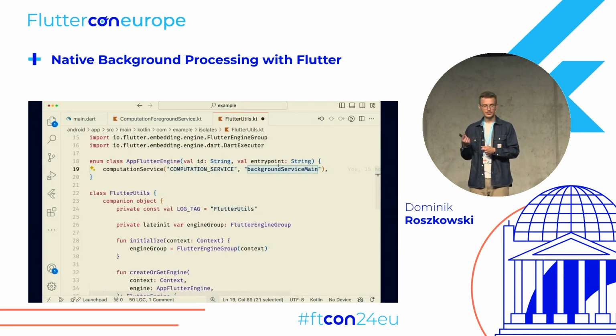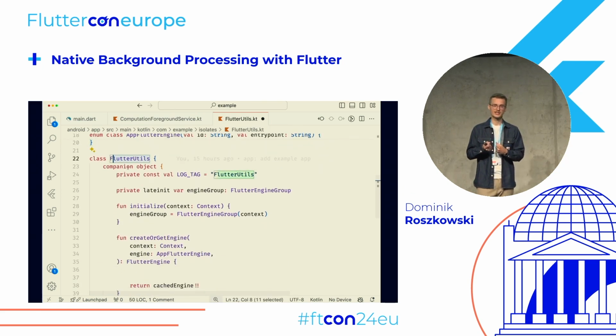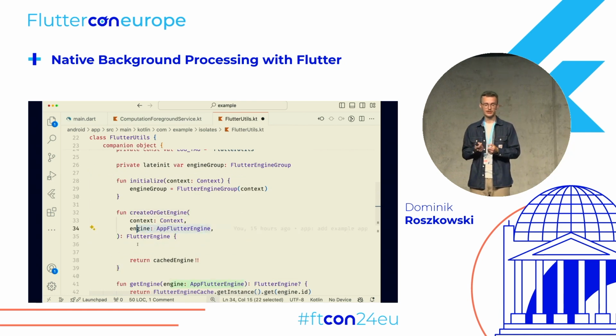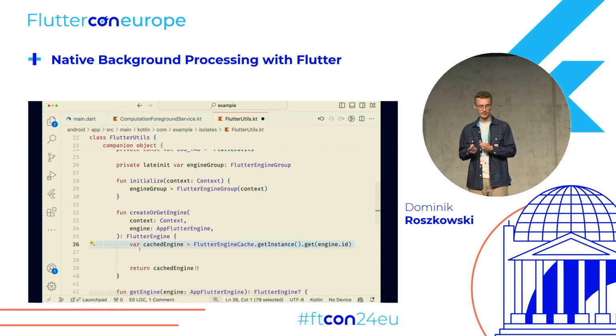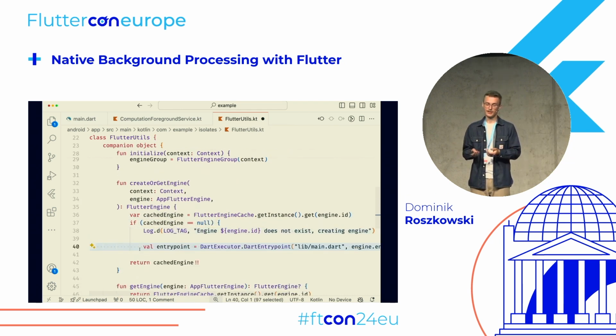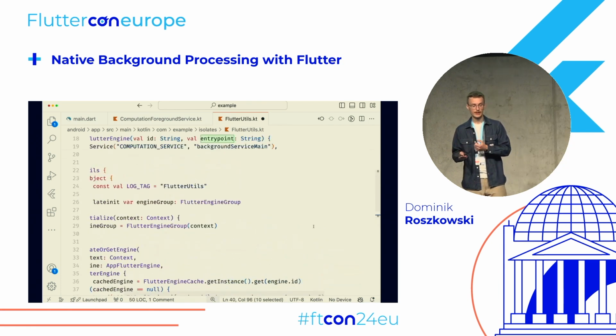The FlutterUtils class is taken from the sample that I mentioned. Essentially, it's a class hosting a couple of static methods, maintaining the Flutter engines for your application, because you can have multiple Flutter engines, for instance, in the case of adding Flutter to an existing app.